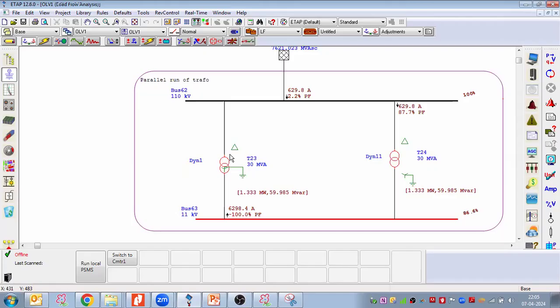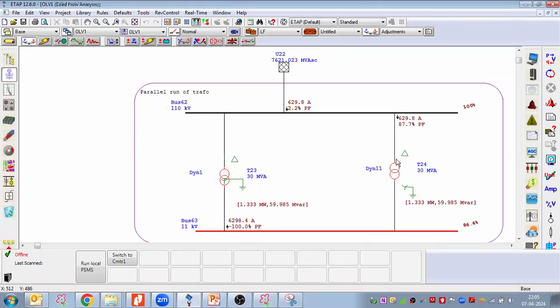So in this particular case, even though this is a transformer, this transformer is working as a source, while this other transformer is working as a load. Isn't it? Yes, sir. Okay, sir.